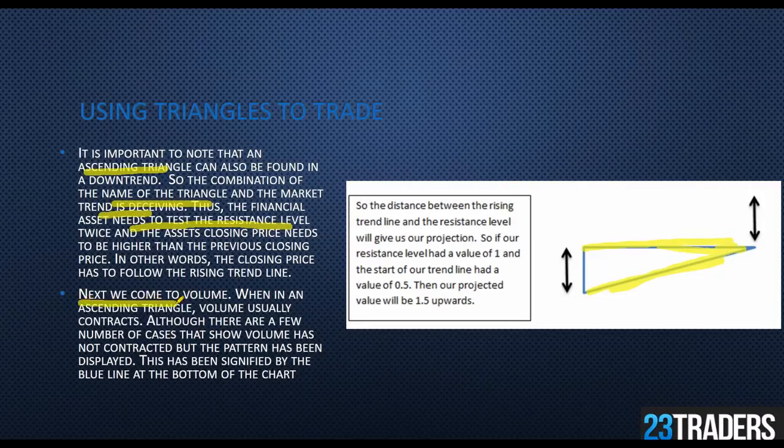Okay. Now when we come to volume, in an ascending triangle, volume usually contracts. Although there are a few cases that show volume has not contracted. Volume is the number of shares or contracts being traded in a specific time. There's a relationship between the trend and volume.